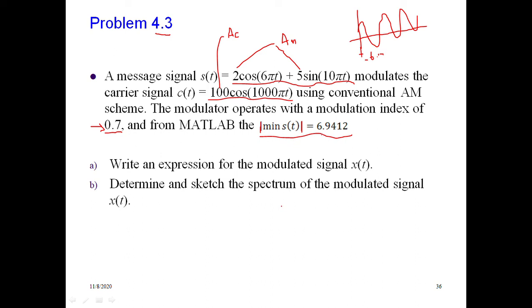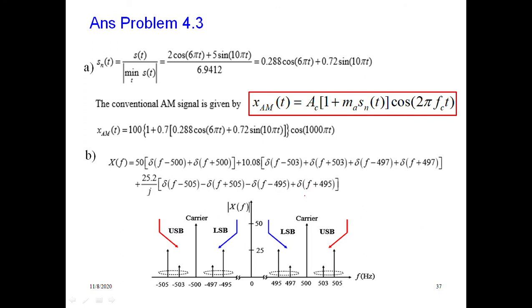Okay, so write an expression for the modulated signal, which is x_AM, and also the spectrum. So you have to find the x_AM and the spectrum. Since the minimum s(t) is given to you, now you find this s(t) and Ac.